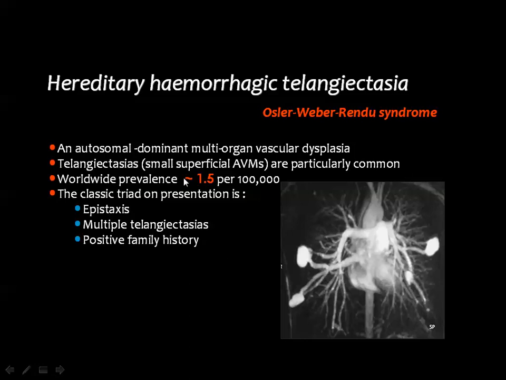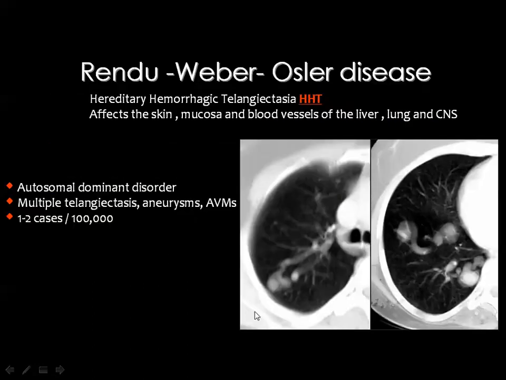The incidence is about 1.5 per 100,000 cases, and the classic triad of presentation is epistaxis, multiple cutaneous telangiectasia, and positive family history. Then this is a case of hereditary hemorrhagic telangiectasia, which commonly affects the skin, the mucous membranes, and the blood vessels of the liver, lung, and the CNS.